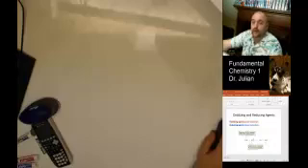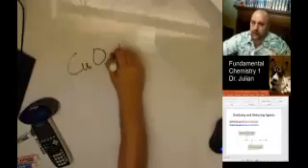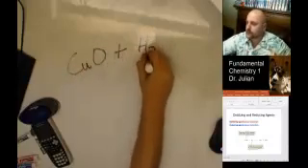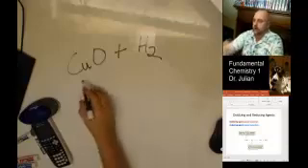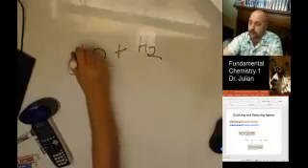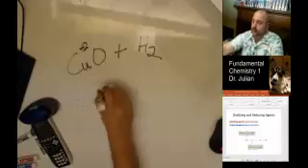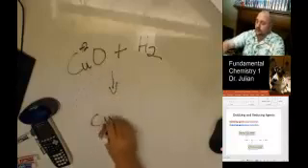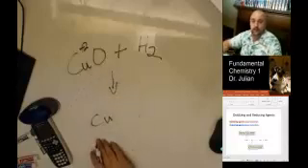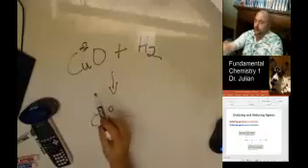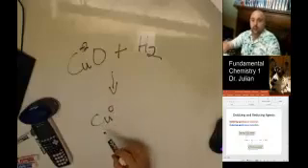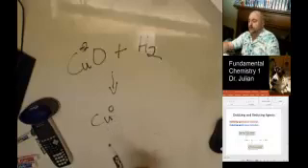Now, I could have done this a different way. I could have done this when I looked at my CuO plus H2. We said this went from a +2 and it went to Cu that was neutral. It went from a +2 to a 0 and it was reduced because it gained electrons.